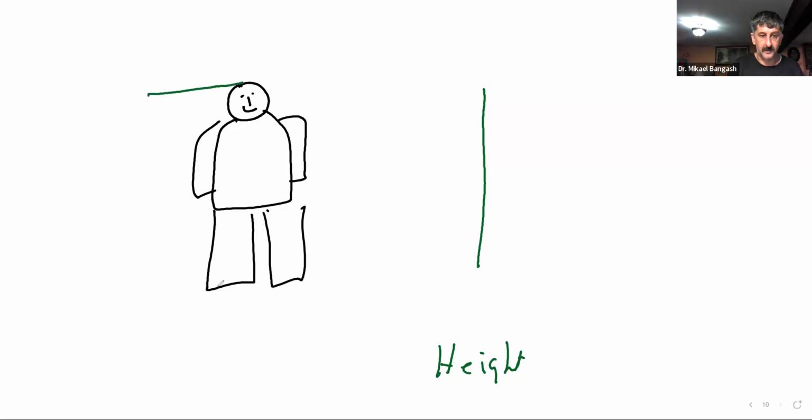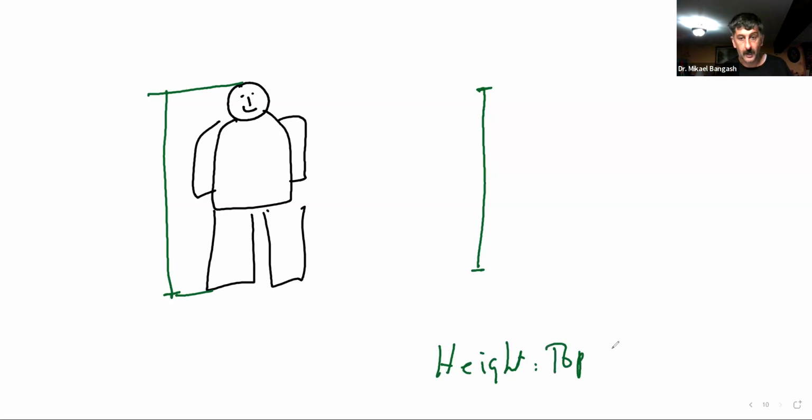It's the distance from here to here. So whenever I say the height, this is what we will mean, which means the distance from the top to bottom.